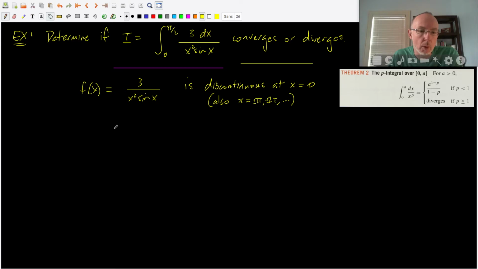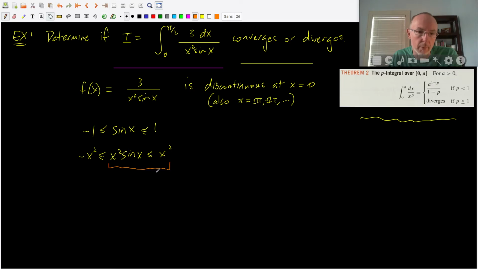Now, I do know some things about sine. One thing I know about sine, because my motivation here is maybe to try and get rid of the sine, because I've got this theorem that I might be able to use. And I know sine's between minus 1 and 1, so that tells me that x squared times sine is between, well, x squared and minus x squared. So I'm bounding sine. And if I know that x squared sine of x is between those two things, then I can concentrate on this and I can think about rearranging it.